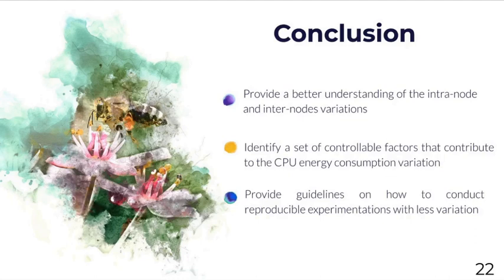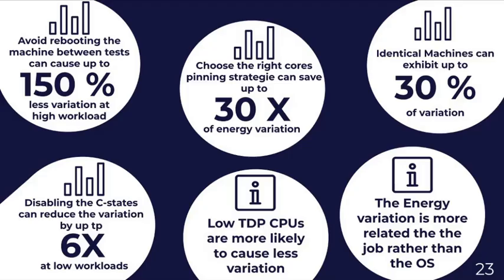Finally, we provide a set of guidelines on how to achieve that variations taming at multiple workloads. The highlight of these guidelines and our study in general is to reduce the energy variations.